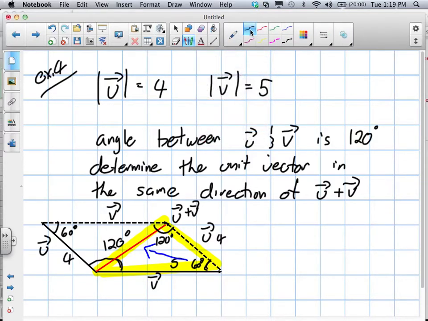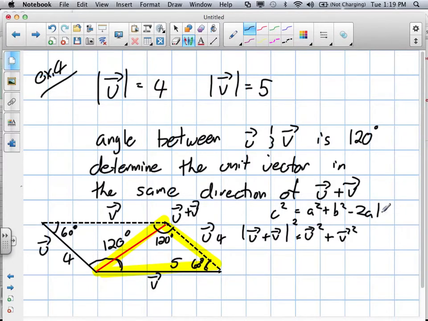So we'll write out our cosine law very quickly. I'm going to call this, again, u plus v. So in this case, u plus v squared, which is our c squared, you could call it, is equal to u squared plus v squared, or a squared plus b squared, minus 2ab, minus 2 times u times v cos c.